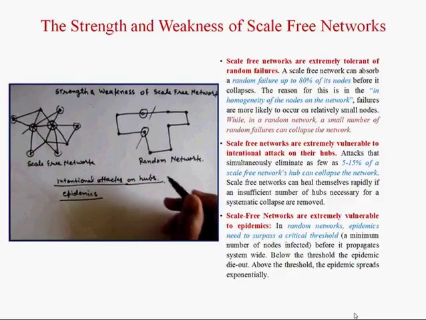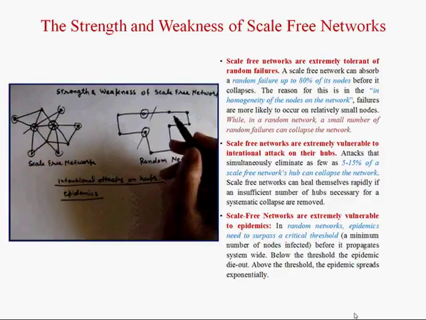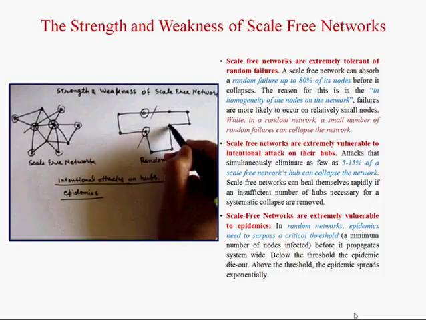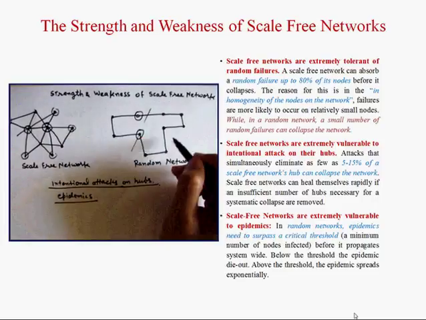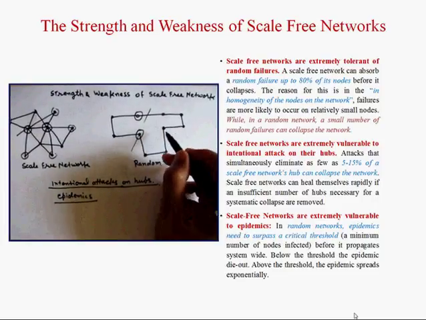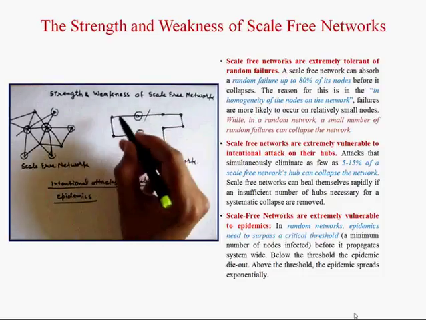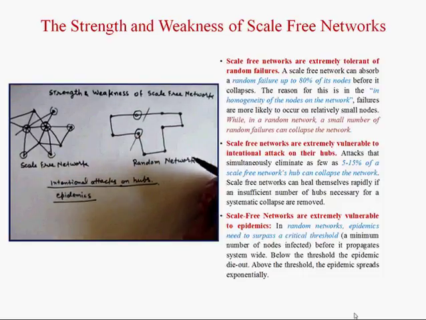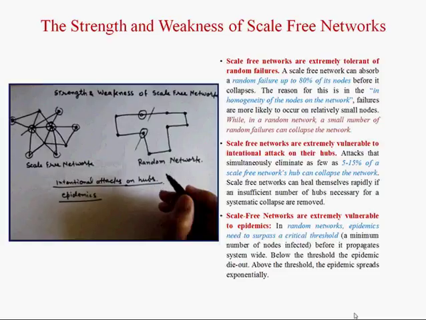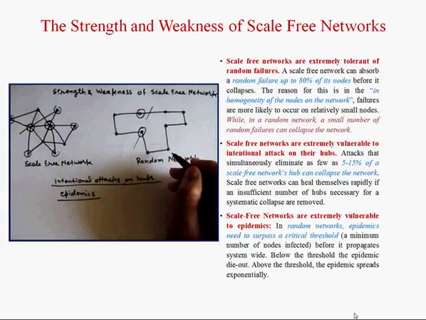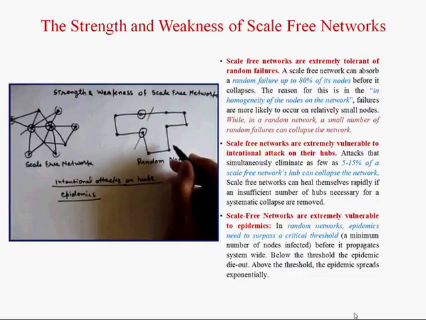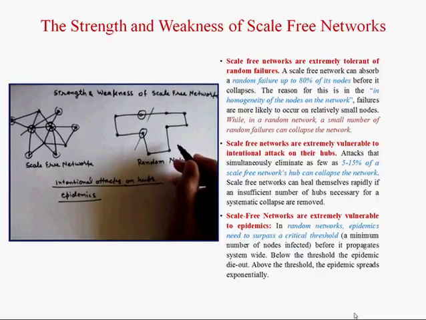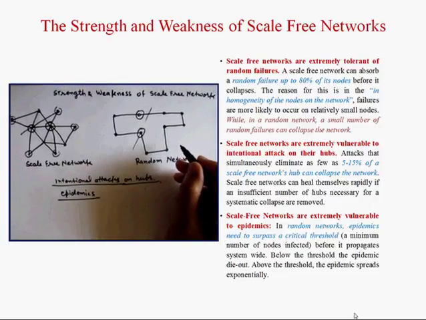While in the random network, suppose we plant it in this node or in this node, then to reach most of the nodes, it will take a lot of time and we have to cross a lot of other nodes. In a random network, an epidemic needs to surpass a critical threshold, a minimum number of infected nodes, before it propagates system-wide. Below the threshold, the epidemic dies out. Above the threshold, the epidemic spreads exponentially.